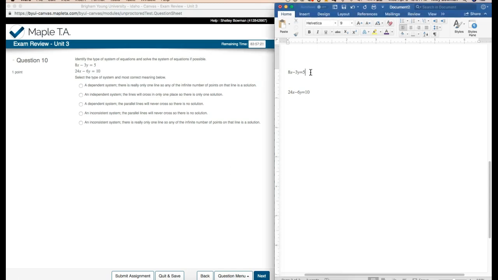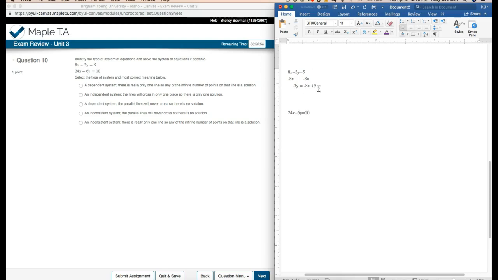So we're going to work with this first one, and solving for y, I want to subtract 8x from both sides, doing the opposite of what is there so that it cancels out. So positive 8x minus 8x is 0, and we're left with negative 3y equals, keeping the 8 at the front so it's in slope-intercept form, negative 8x, and that 5 is positive, so we'll do plus 5.